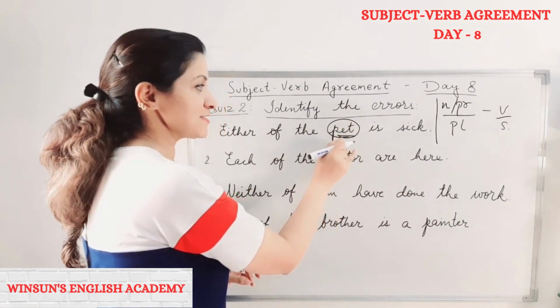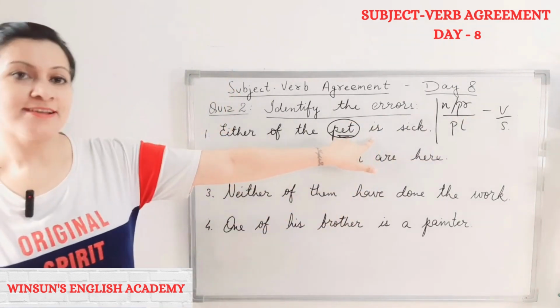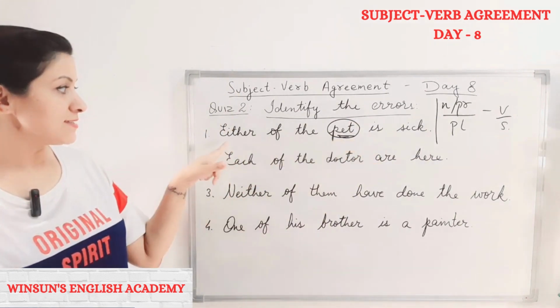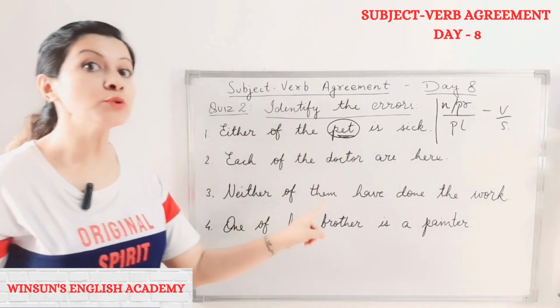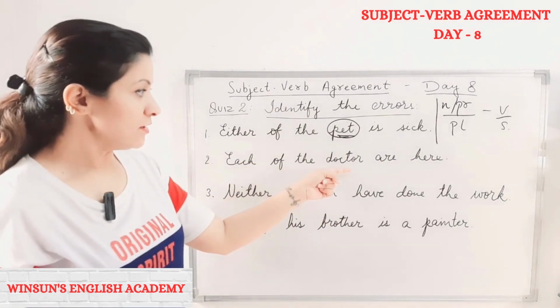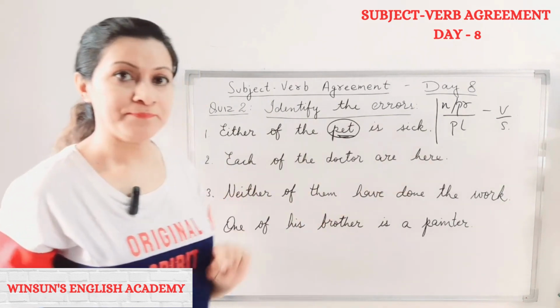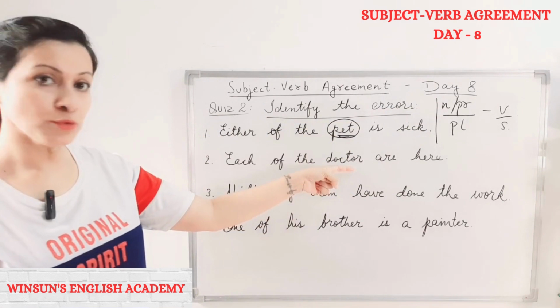This is incorrect. Now is. The verb must be singular. Is it correct? Yes. So in this sentence, where's the error? Here. Because this must be in plural. Okay. Next. Each of the doctor are here. First, noun or pronoun, it must be plural.